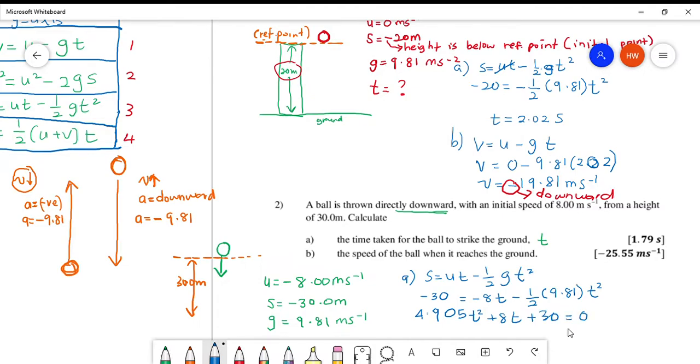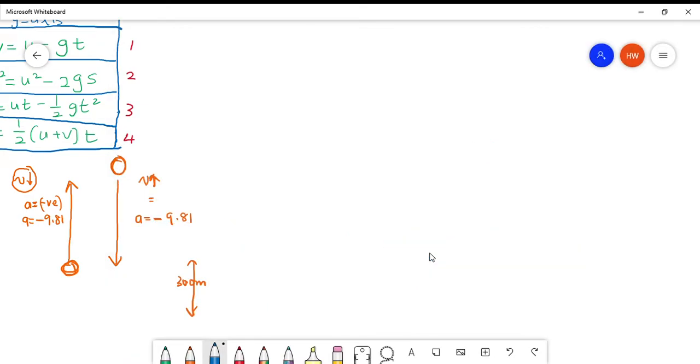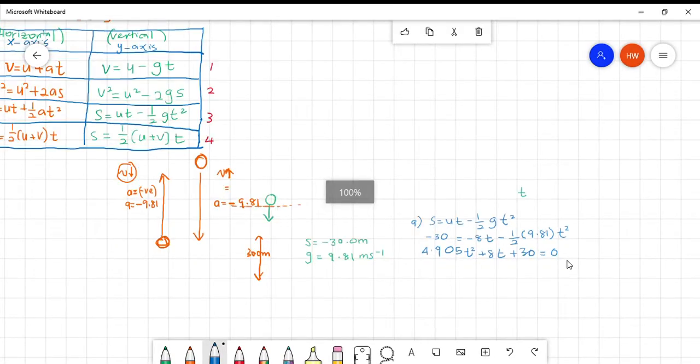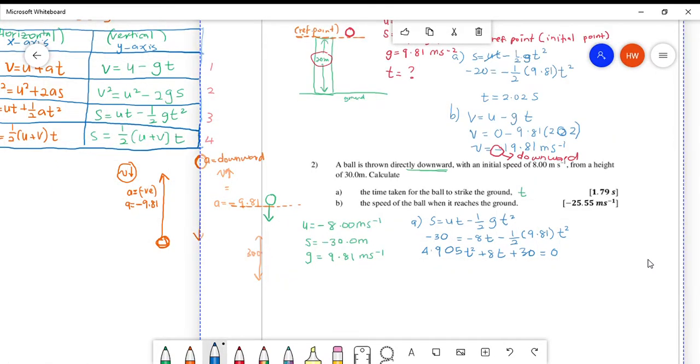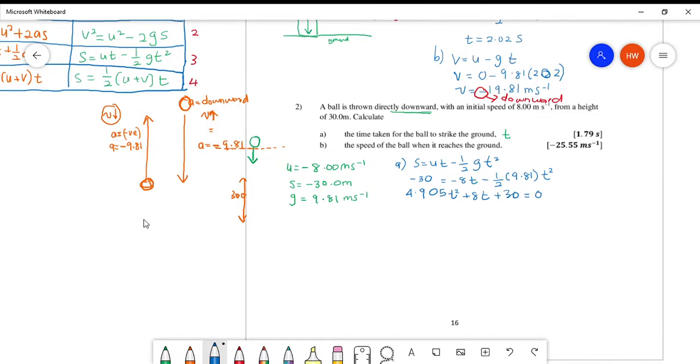Then kita tekan calculator, we will get the time.